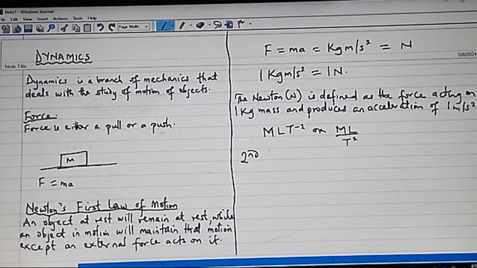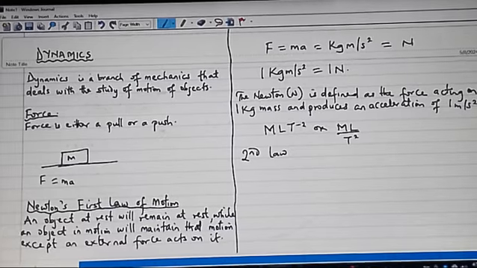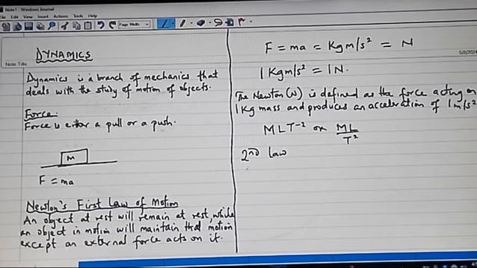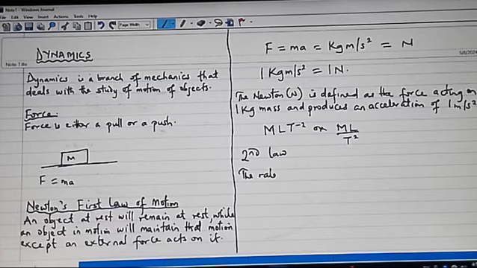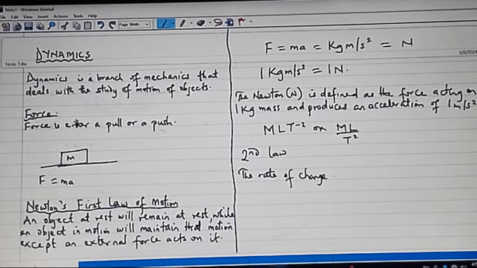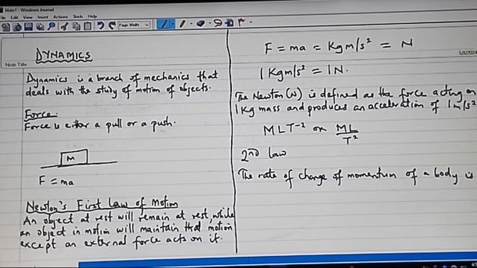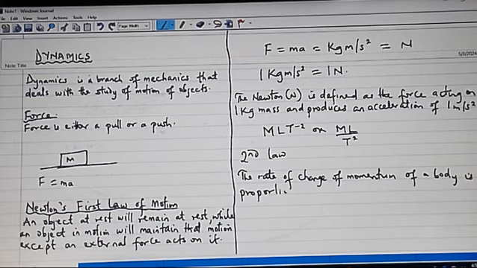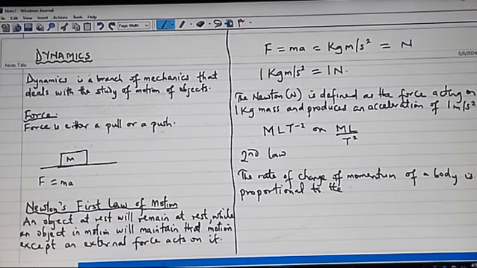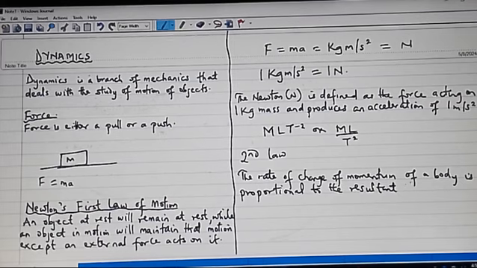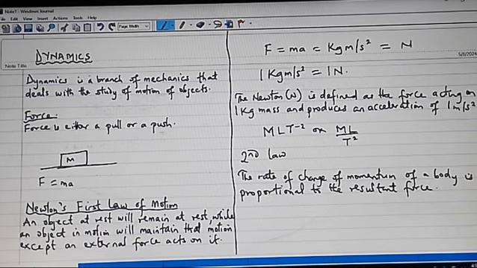The second law, Newton's second law of motion, states that the rate of change of momentum of a body is proportional to the resultant force acting on it, that is acting on the body, and of course it takes place in the direction of the force.